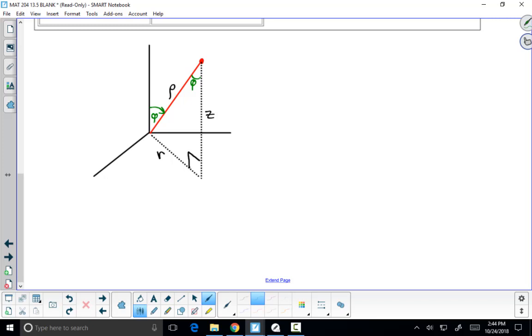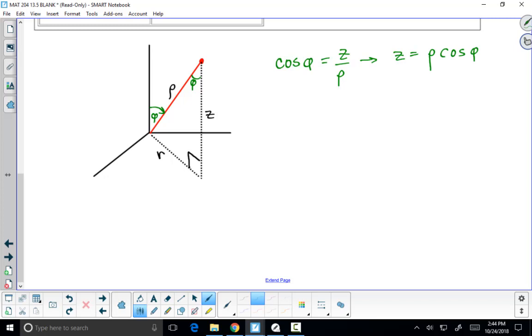Okay. Now we can do what we normally do with a right triangle. We can look at cosine and sine of our new angle phi. Cosine of phi is z divided by rho, which tells us z is equal to rho cosine of phi.